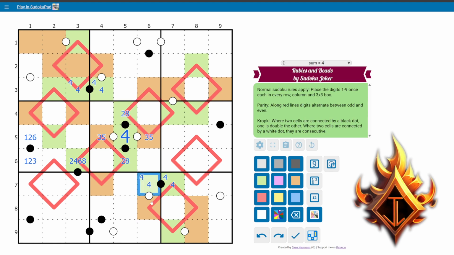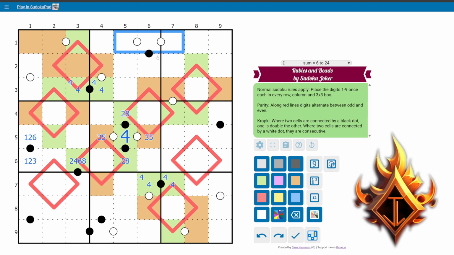If this is 4 though, we'll have a 3, 5 combo. That would have to be a 1, 2. So 2 would go there.